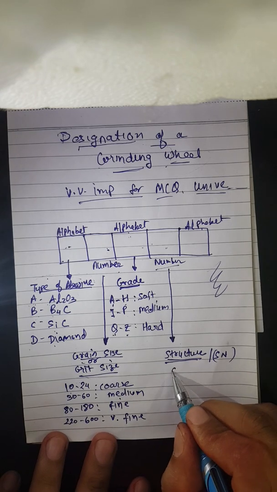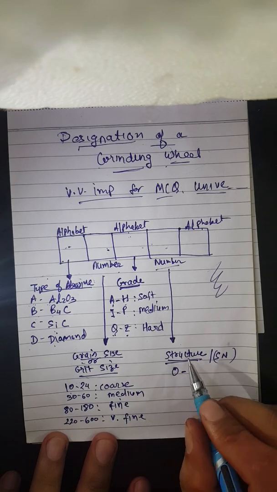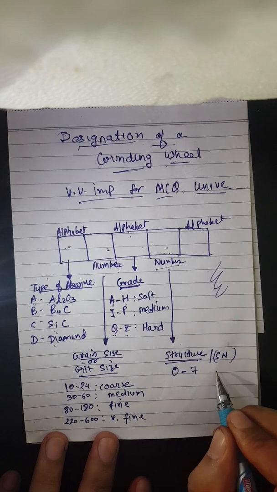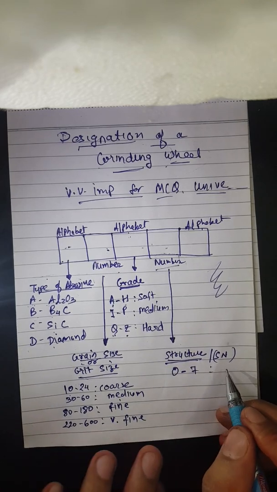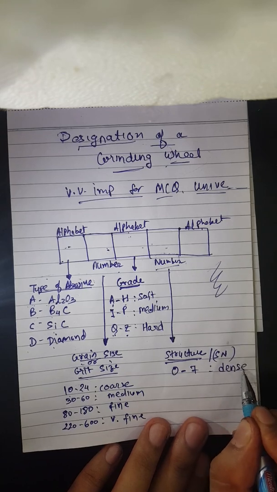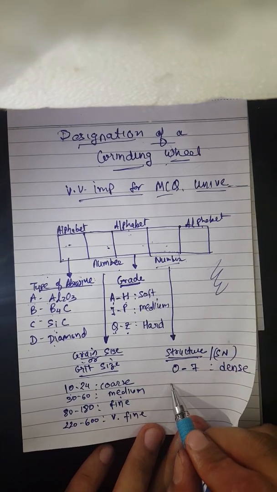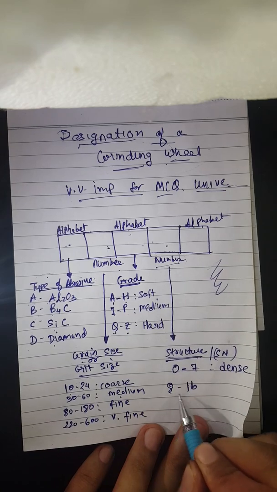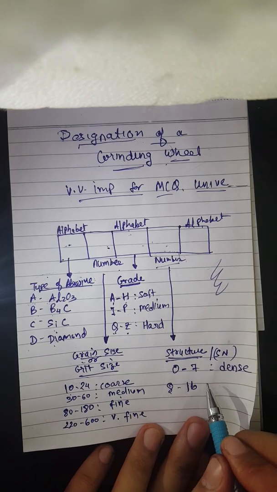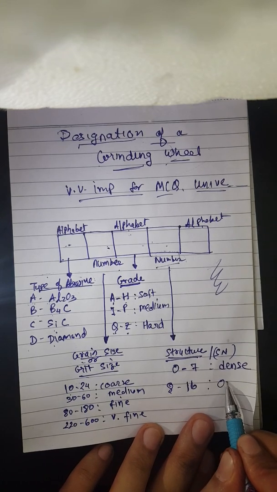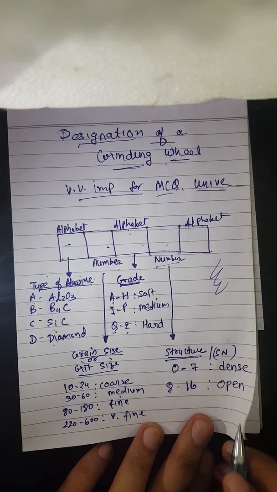We'll see that in detail. If the number falls between 0 and 7, it is a dense structure of the grinding wheel. And if it falls between 8 and 16, including 8 and 16, then it gives us an open structure.